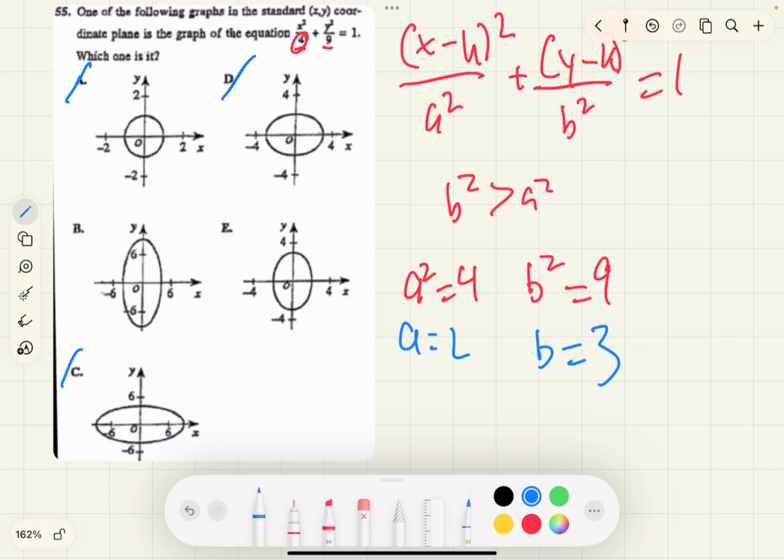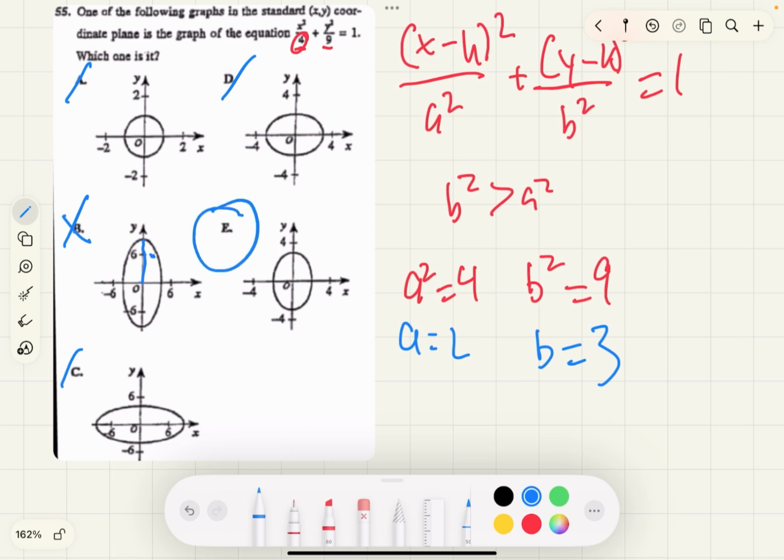If we look right here, it seems like B is out as well, because we can see that the vertical stretch is way more than 3. It's almost near 7 and 8, right? Because it's going past this value of 6. Therefore, using the process of elimination, we can land on E.